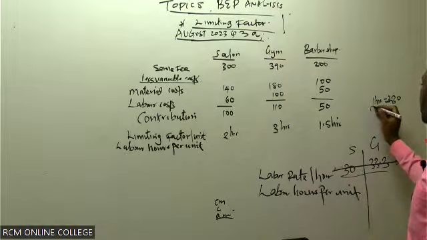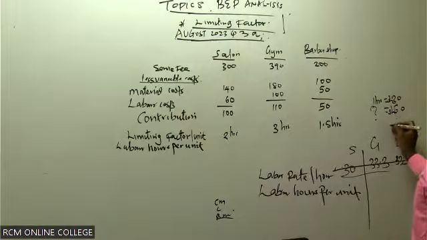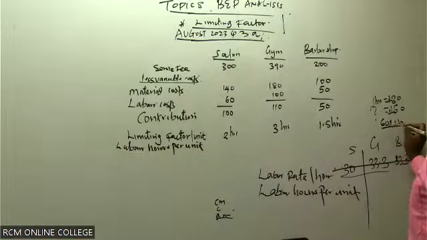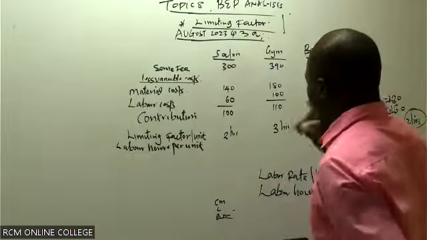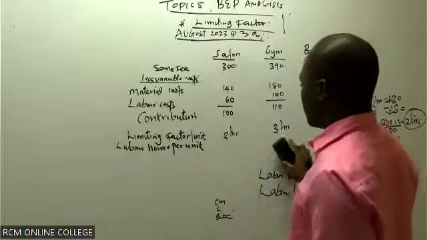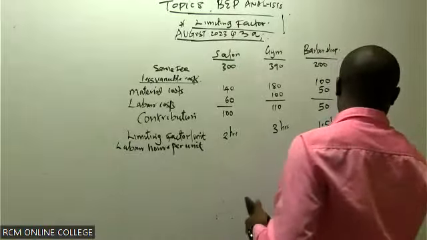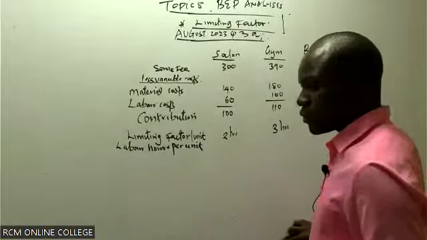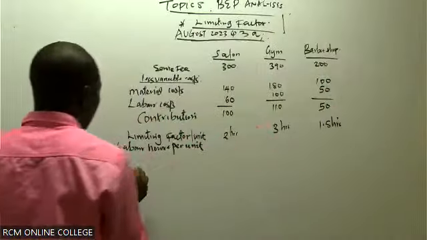How many hours do we need when the company paid 60 shillings? We take 60 times 1 hour, divide by 30 to give us 2 hours. So this 2 hours is what we are looking for. You put it here. But now in this question, the examiner wanted these people to do away with this paper, and the examiner decided to give you the limiting factor directly without calculating anything. So having done that, you now give us the contribution per limiting factor.